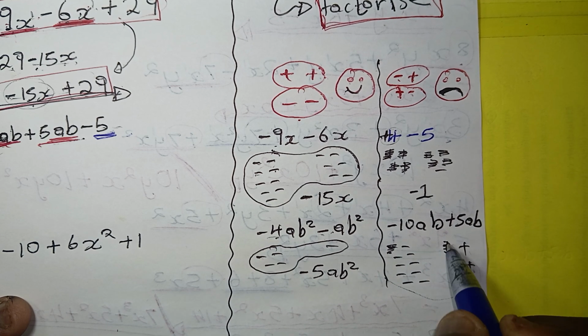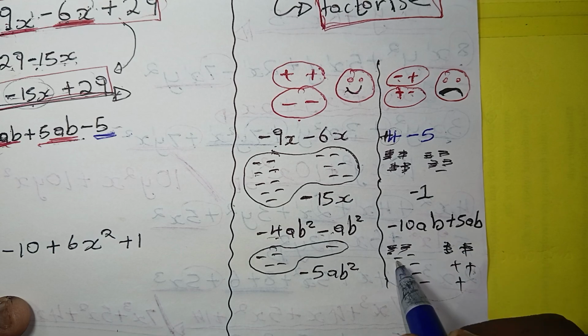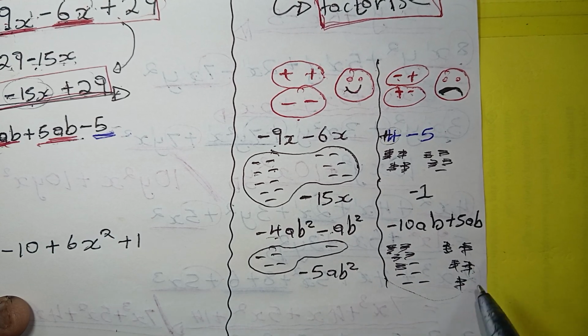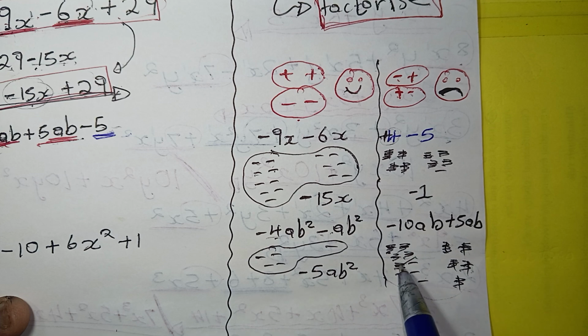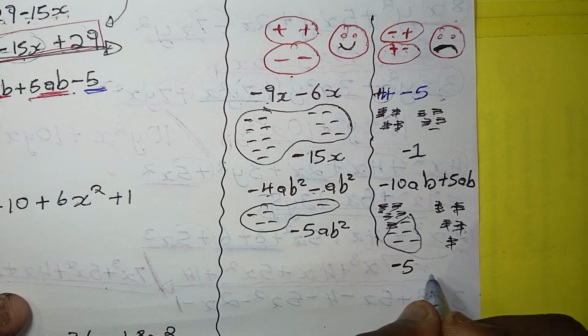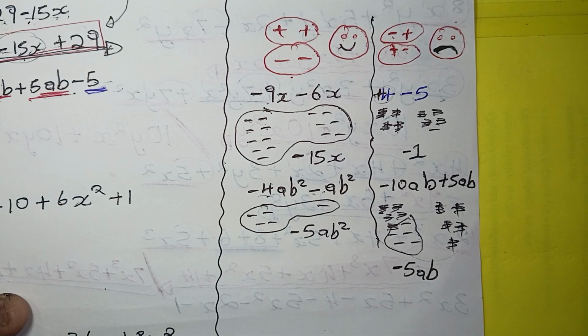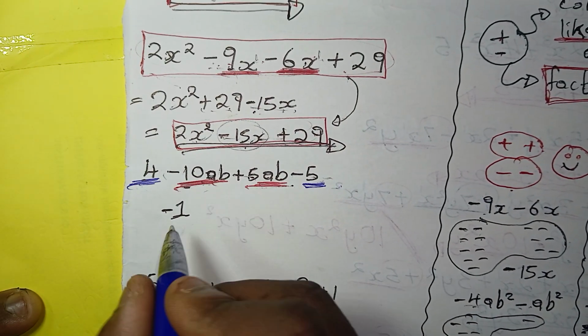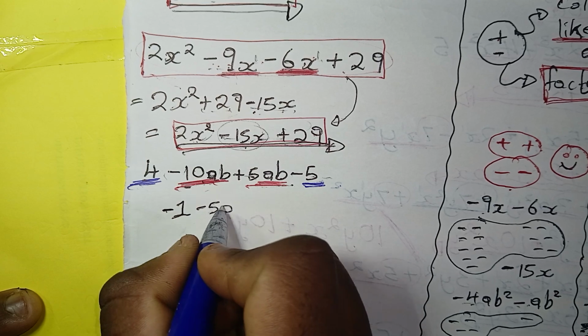This will kill this one, and so on. So here we're left with how many? 5 negative, meaning here it will be negative 5ab. So if I collect this thing as like terms, it will be minus 5ab.